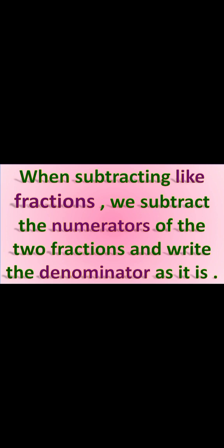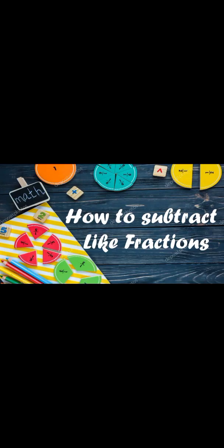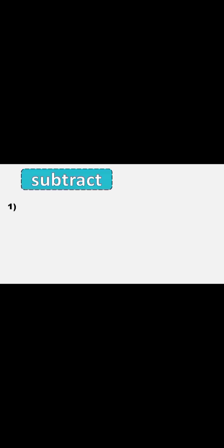Now we can see how to subtract like fractions. So when subtracting like fractions, we have to subtract the numerators. Same method. As you can see, two fractions, 5 upon 3 and 1 upon 3, and we have to subtract.